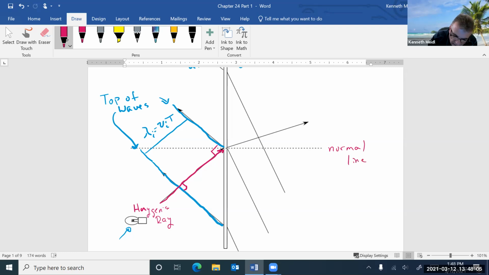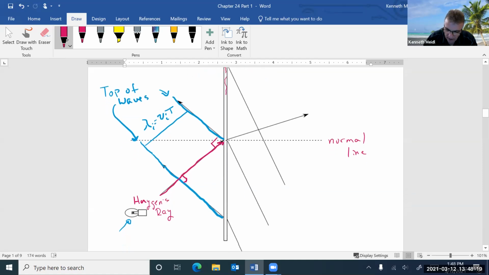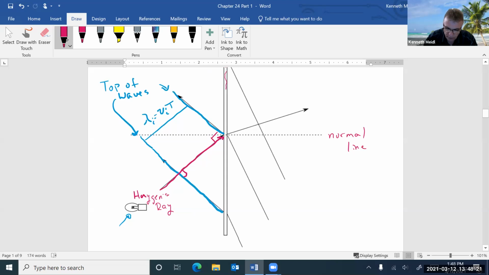Here's the boundary, the top of the piece of glass, and the glass is the rest of the piece of paper. So this is all glass, going this way. I put in that dotted normal line, and this right here is the incident angle.